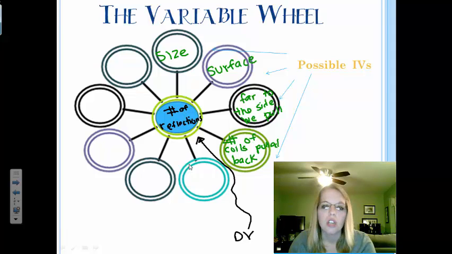Oh, we could change how far we shook the slinky, right? We could change that. If I had the right materials, we could change the brand of slinky.